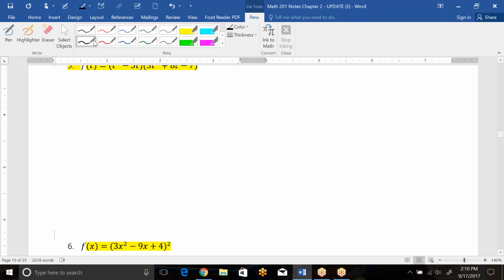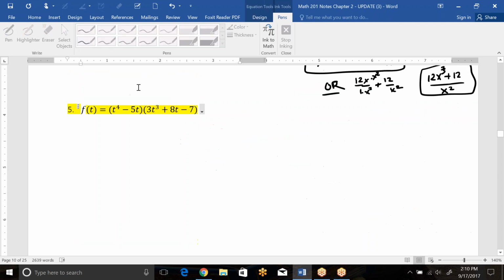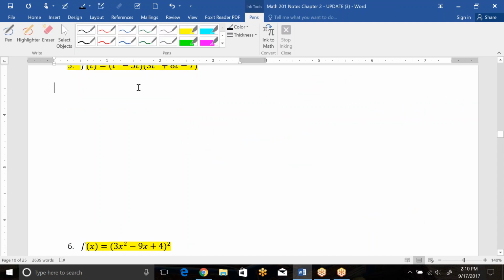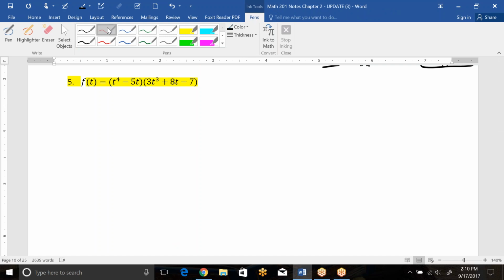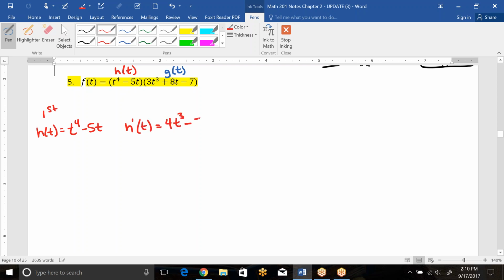Okay, so we're dealing with f of t, so I'm going to call my two functions g of t and h of t. Doesn't matter which one we write first. Just because g is already one of the functions we're used to seeing, I'll write the h one first, where the f usually would be. So h of t and g of t. So we're going to list those out. So for first, I know that h of t is t to the fourth minus 5t, which means h prime of t would be 4t cubed minus 5.